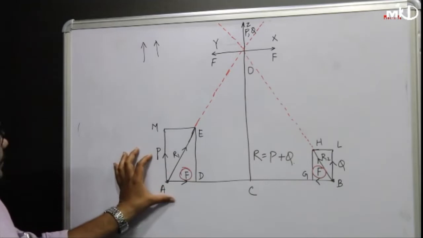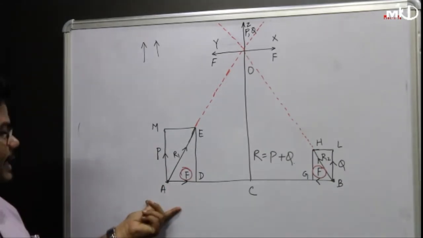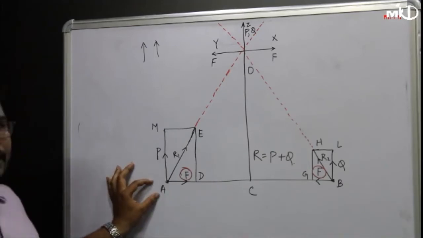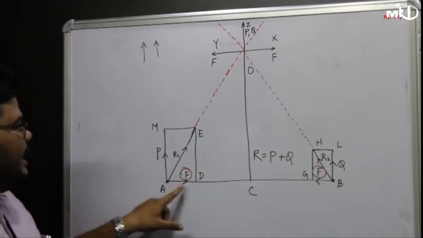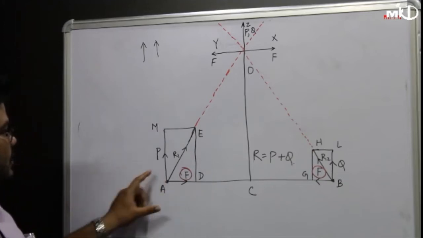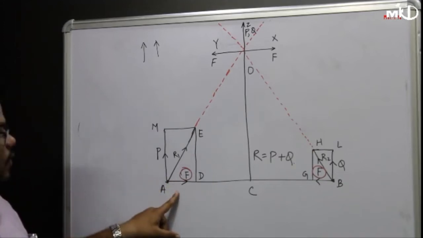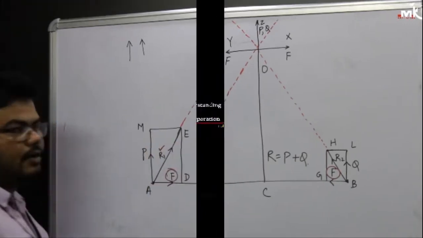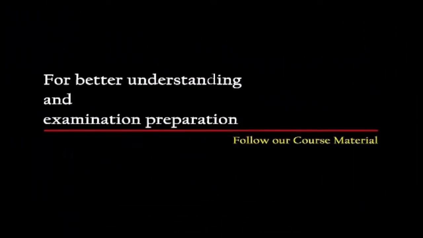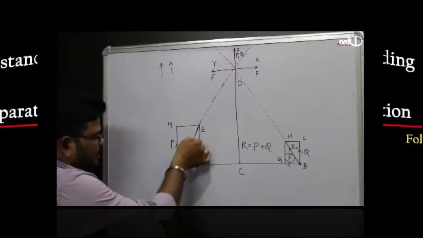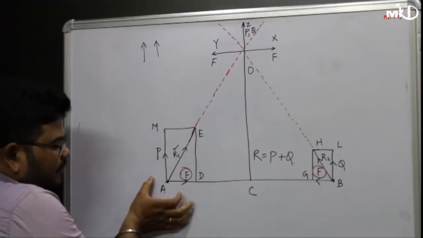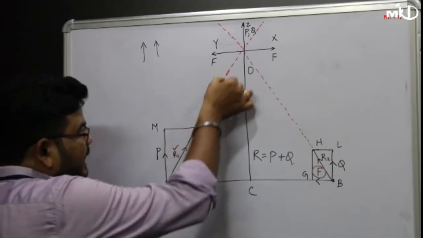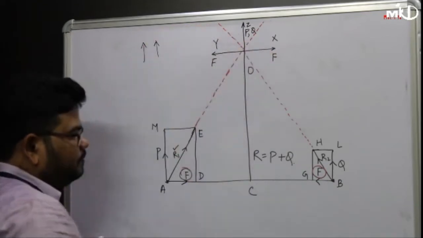Now if I look at the point A and B separately, at point A there are two forces P and F. So the resultant of these two forces will be R1. This R1 we got by applying parallelogram law of forces. When this R1 is extended, it meets at point O.